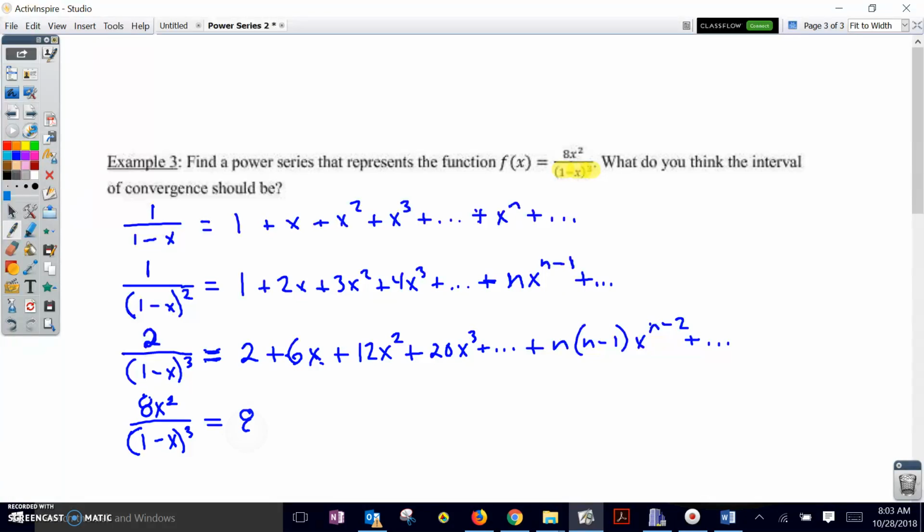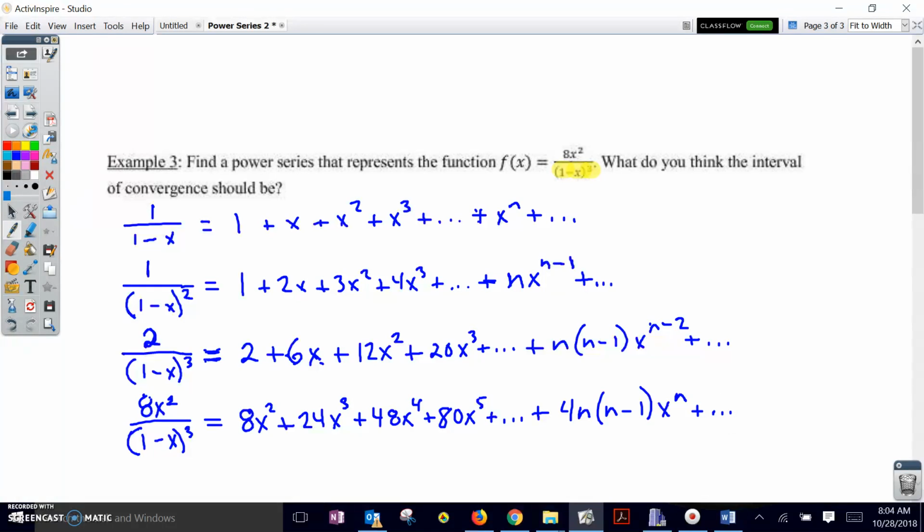So this is going to be 8x squared plus 24x to the third plus 48x to the fourth plus 80x to the fifth, plus, and the general term is 4 times n times n minus 1 times x to the n.